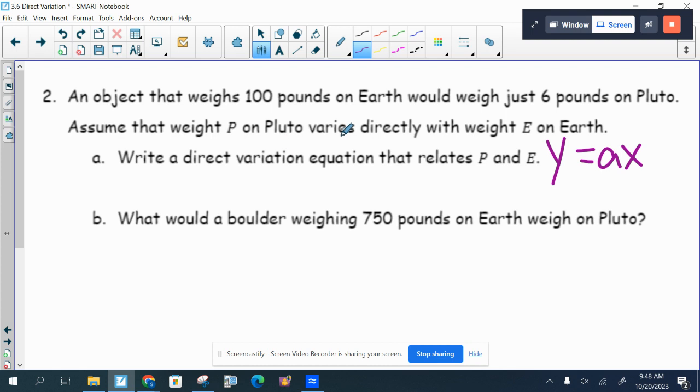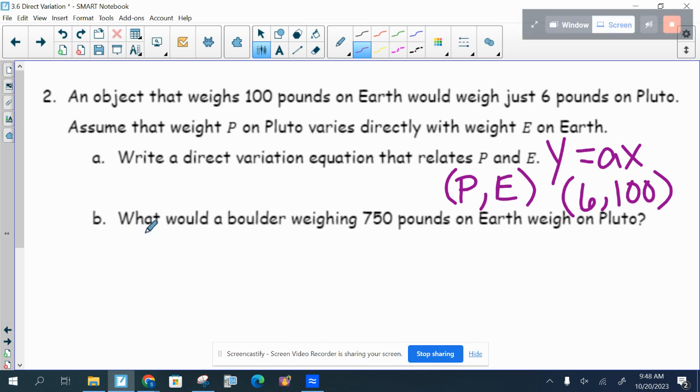So here we're gonna do P for X and E for Y. So that means our coordinate would be P would be 6 and 100 would be the E. So step 1, find out what the A is and then put it into an equation. So what do you have to multiply 6 by to get 100?